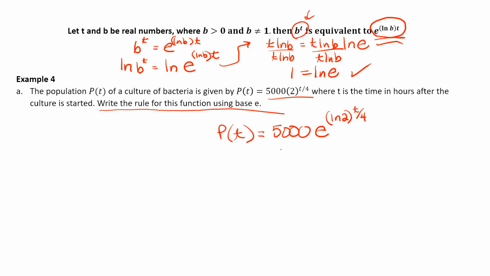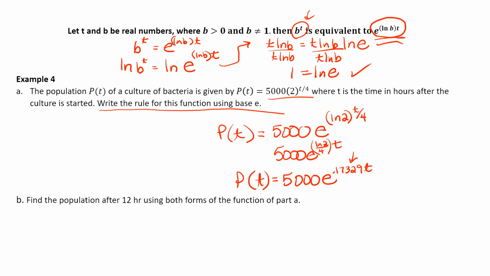And so we could rewrite that as 5,000 e to the natural log of 2 over 4 times t. I'm just rewriting it. We'd have 5,000 e to the 0.17329 t.